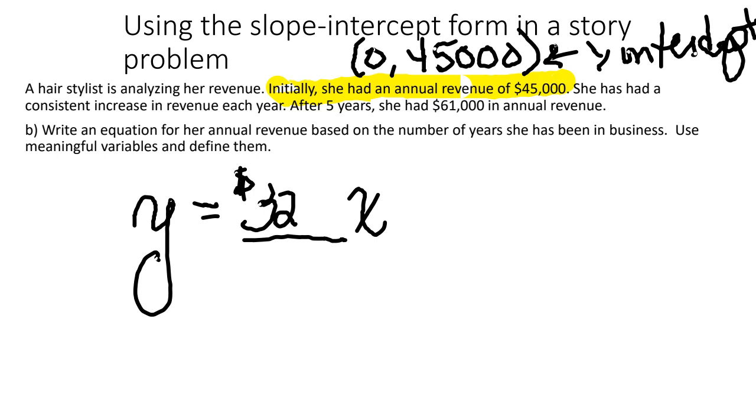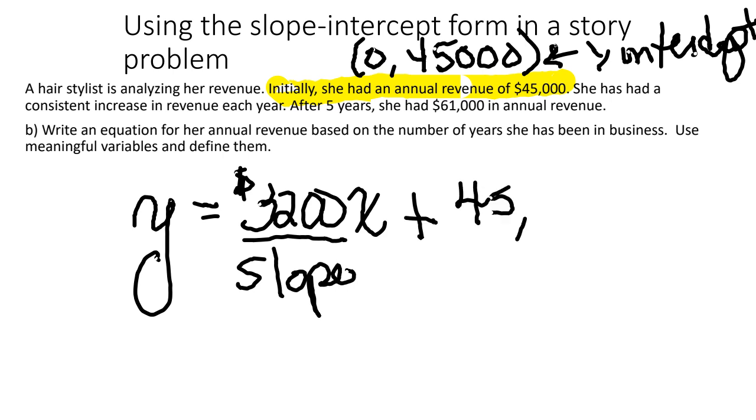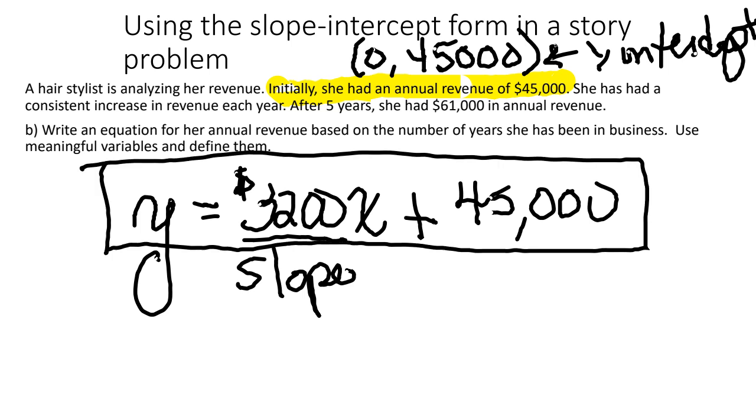That's our slope, plus $45,000. This is our equation. Okay.